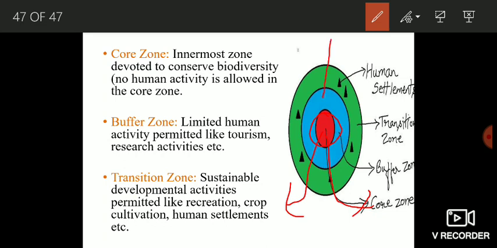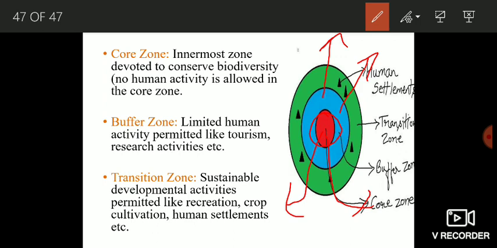Then we have the buffer zone, which is shown in blue color. In this zone, limited human activities like tourism and some research activities are permitted. We allow some tourism and some research activities in this zone as long as the biodiversity there is not getting affected.